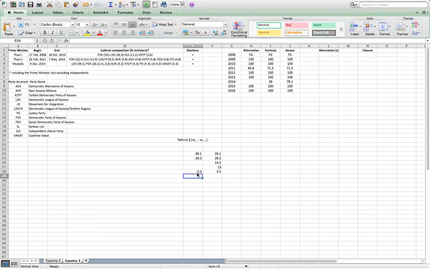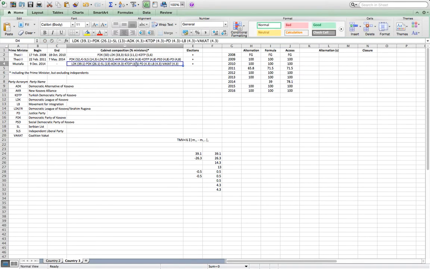The Turks, very similar result, 4.3 minus 4.8, once again 0.5 the absolute value. The same happens, you see, with the PD, 0.5. LB was not before in 2011, 4.3, the same with the backup coalition.